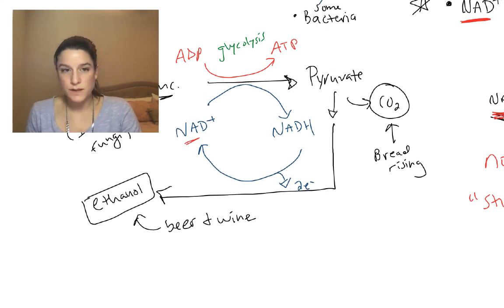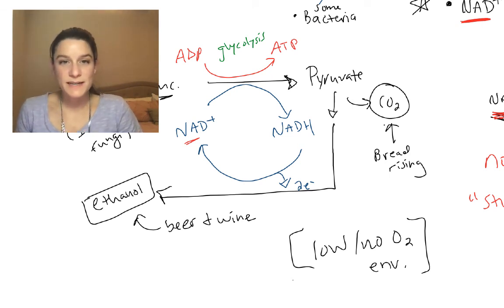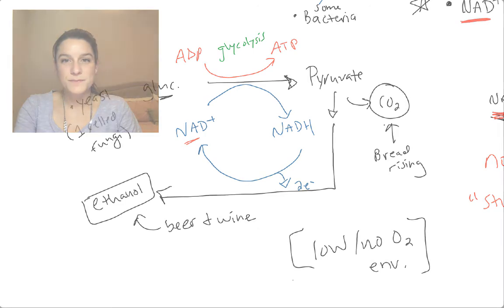So if you want to do beer brewing, you have to create a low oxygen environment. Why doesn't bread have lots of ethanol in it? A lot of it depends on how long you let the process go for how much ethanol is made and how much CO2 is made and such. Okay, so that is the basic idea of fermentation.